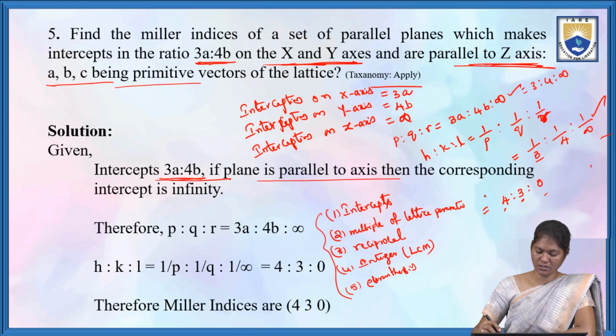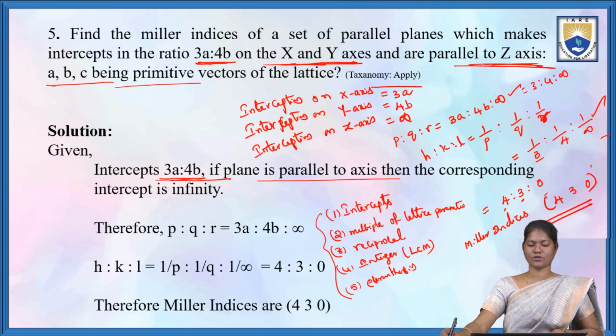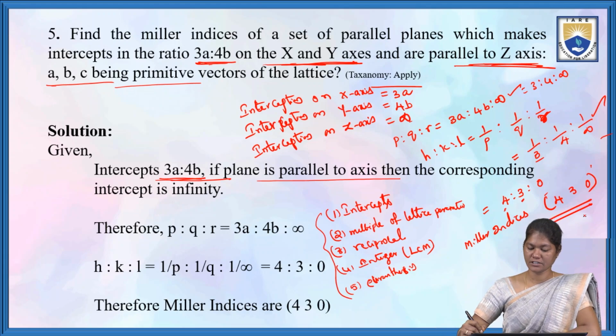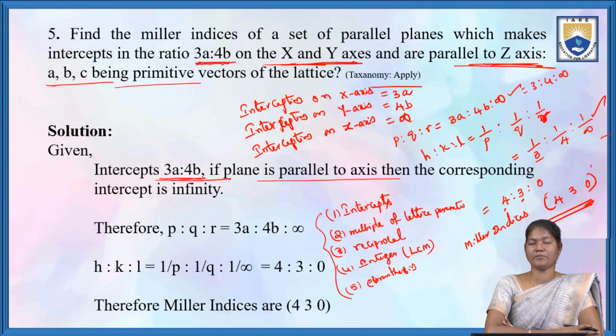Keep it in closed brackets. So we get the Miller indices (430). This is the Miller indices of a set of parallel planes which intercept in the ratio 3a : 4b on x and y and are parallel to the z axis.